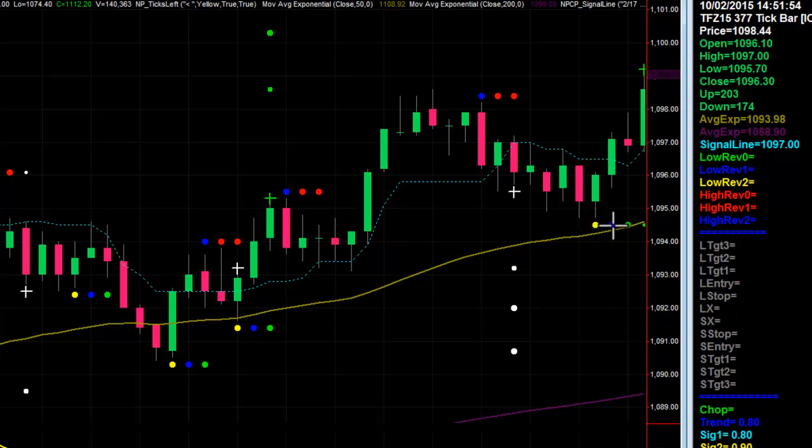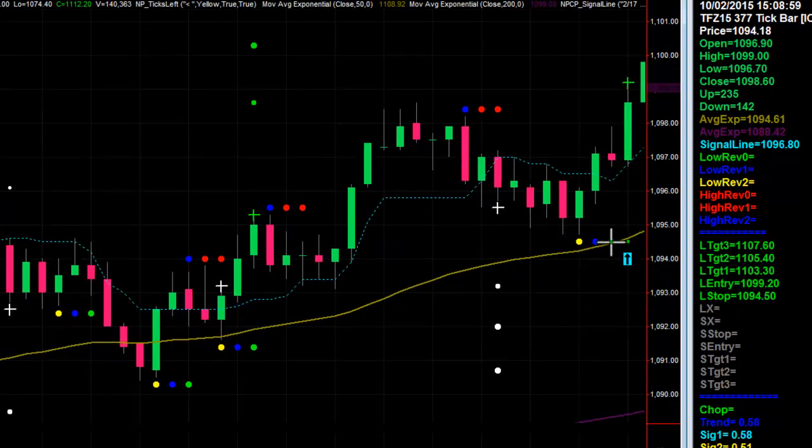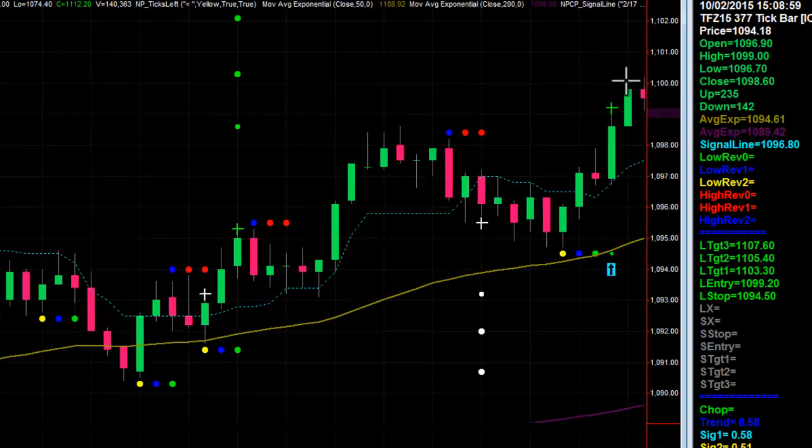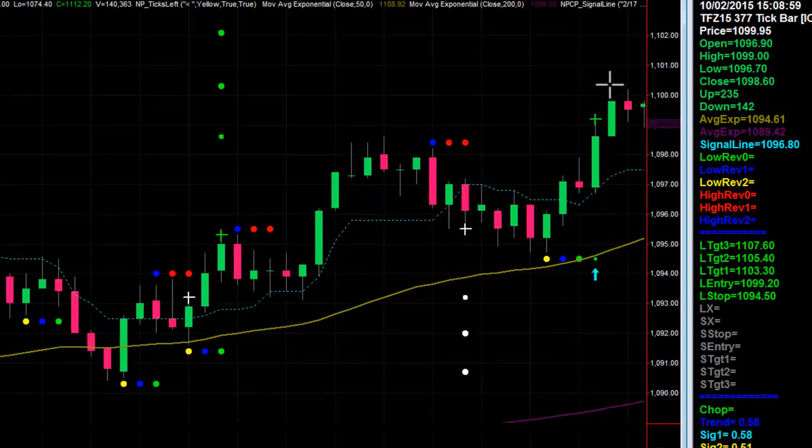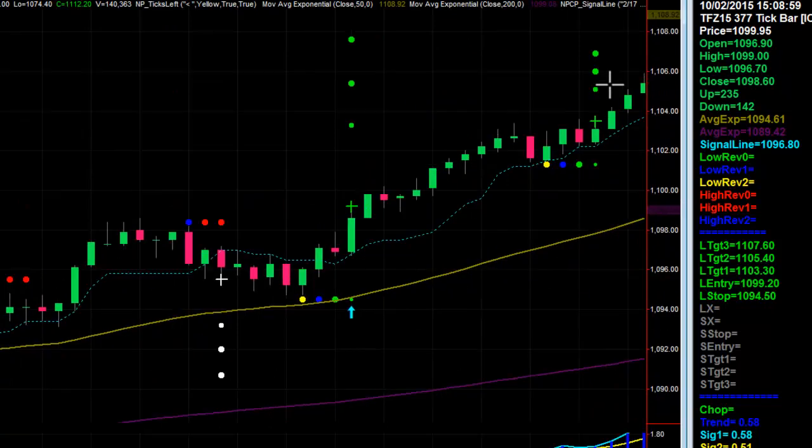When you see the exhaustion dots resting on or near the 50 EMA, that is a great clue that the next trade that results from those dots has a great chance of succeeding. So I look for these situations. And look what happens on this setup. Triggers in on the next bar, right? Here's your third dot, first green bar. There's your setup. It's a nice big setup. And look at that thing go.